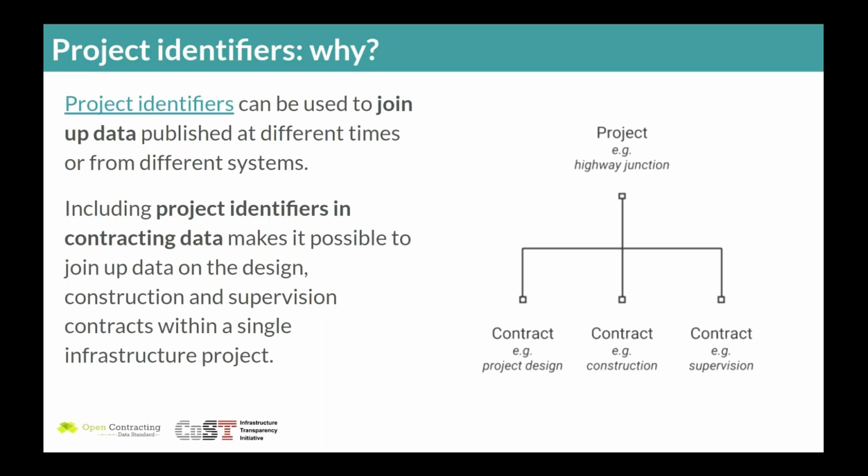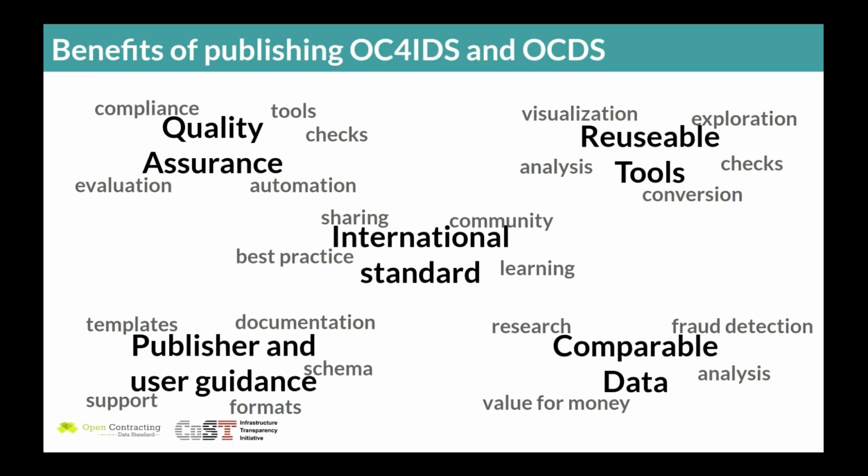You remember when we talked about OCDS, we had an OCID identifier, which brings together the different contracting stages of one contracting process. So we really need project identifiers to bring together all the information about the different stages of a project. And then I just wanted to touch really briefly on the benefits of publishing in OC4IDS or OCDS.